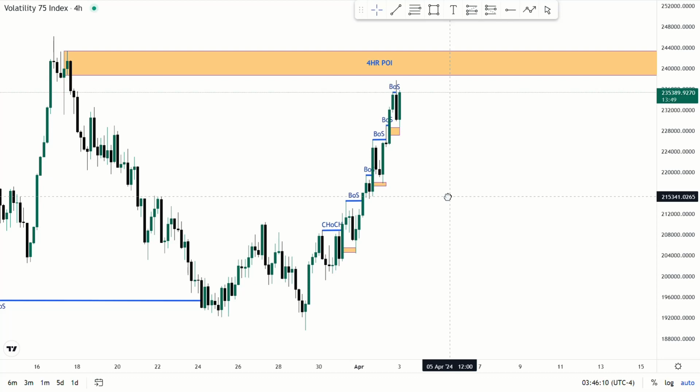Now there are people that trade the 4-hour chart. I also do that sometimes when I want to be in a trade for a long while, especially when there's a really good setup. If I'm trading on the 4-hour chart, my entry time frame is going to be the 15-minute time frame, and the 4-hour chart is going to be my bias.